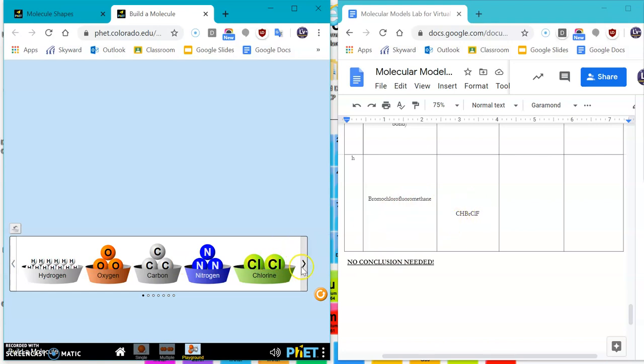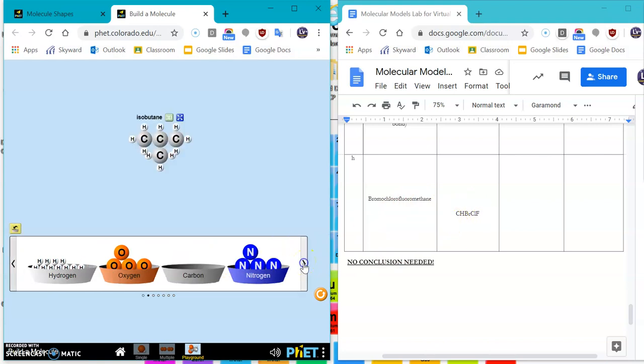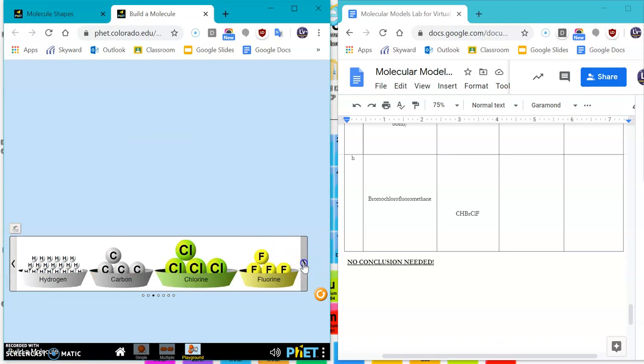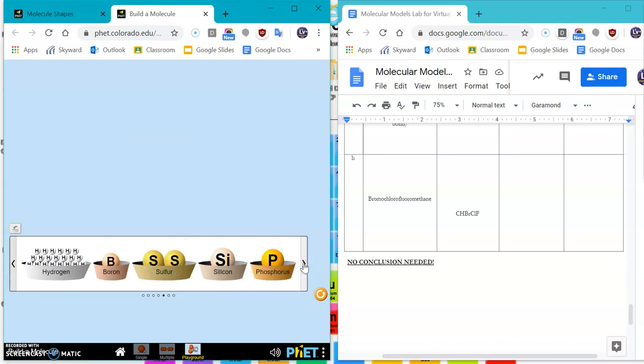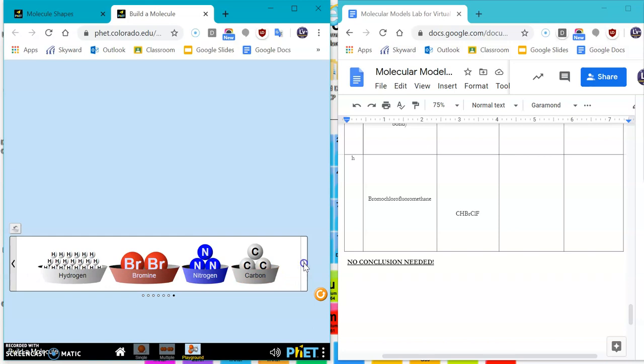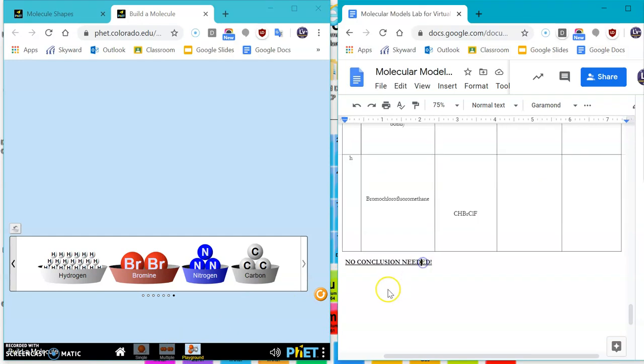I don't think we can do this one with our sets. There's bromine, carbon. Yeah, we cannot. So we're going to delete this one, and that's it. No conclusion needed. Turn it in when you're done.